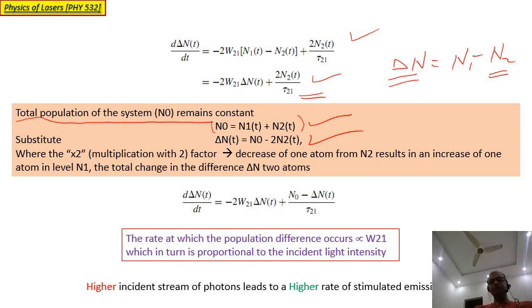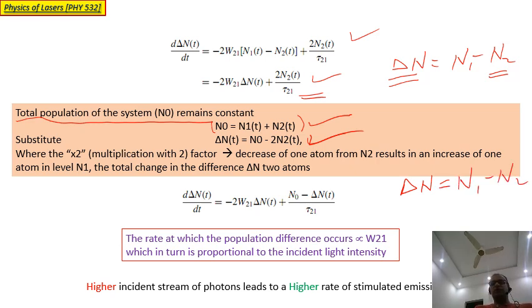So this is one of the substitutions. And if you substitute here, we know that delta n is equal to n1 minus n2.